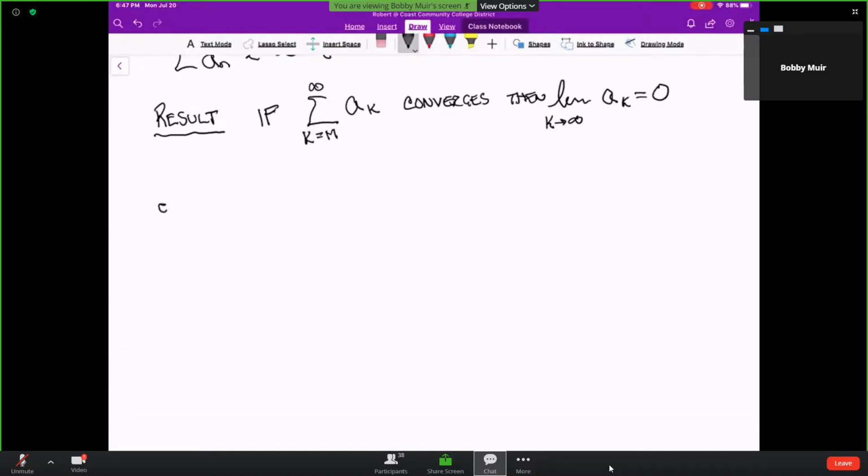Now, this is a standard type of question I put on exams just to see if people know what they're doing. The sum from n equals 27 to infinity of (3n squared plus 2) divided by (4n squared minus n plus 65).